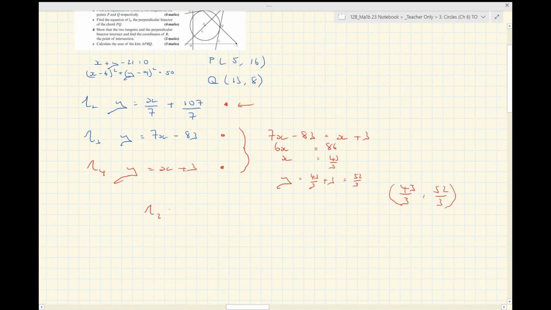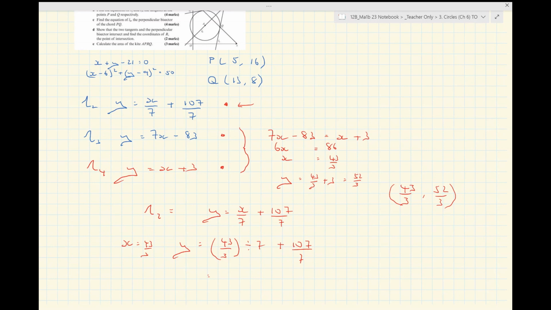Well, here is L2. L2 is y equals x over 7 plus 107 over 7. So if I take x to be 43 over 3, then y apparently should be 43 over 3 divided by 7 plus 107 over 7.